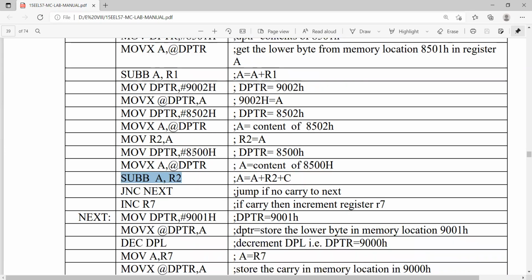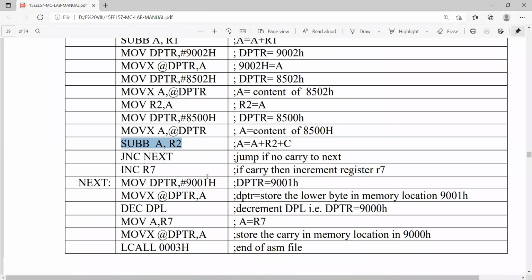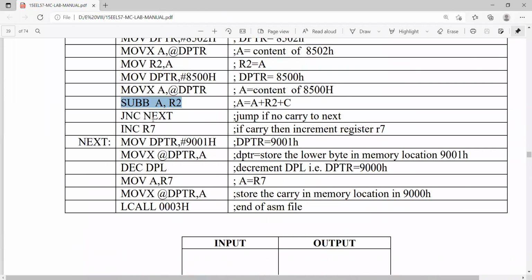Then 8500 is the higher byte of the first data. Again subtract. In this subtraction, we consider the borrow condition. After the final subtraction, we check the condition of the carry again, that is, to check the borrow.